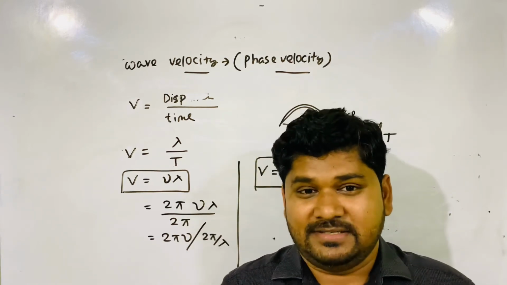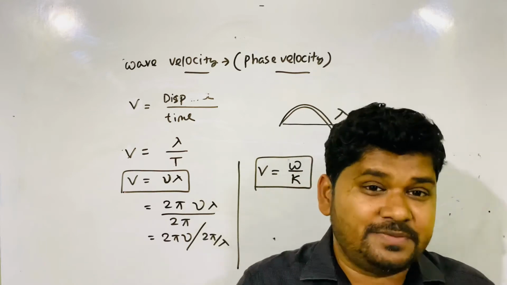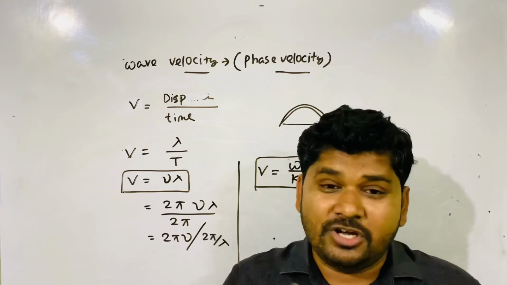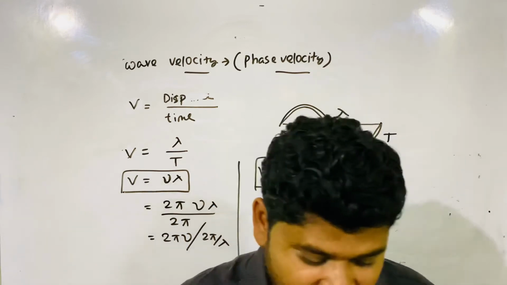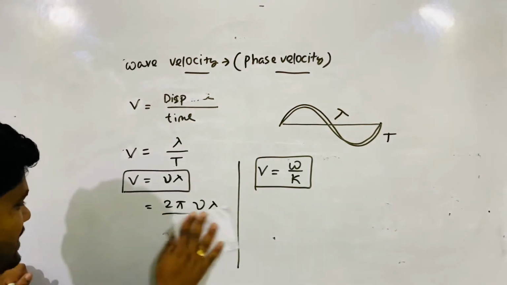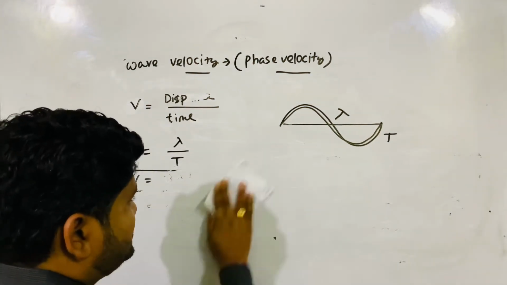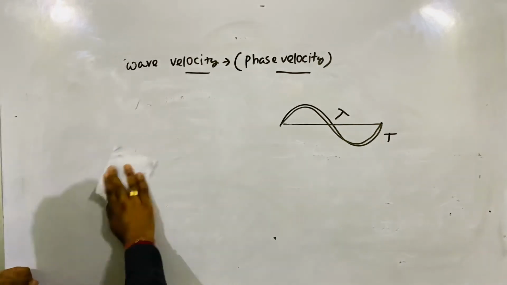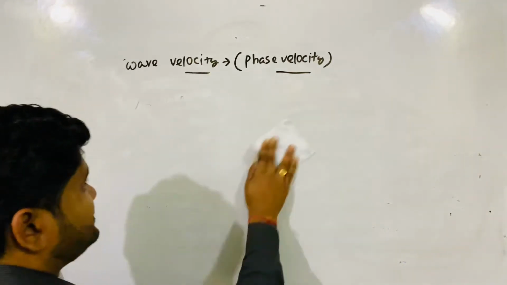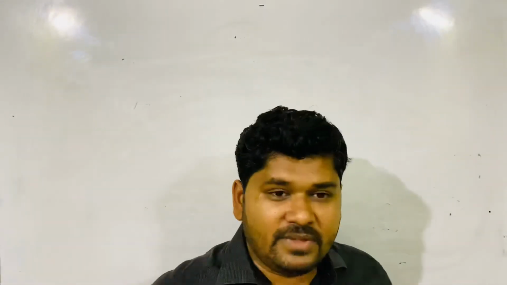Now let's discuss the velocity of a transverse wave and the velocity of a longitudinal wave separately. Velocity of a transverse wave, in a string: you just tie one string tightly, then disturb it at one position.